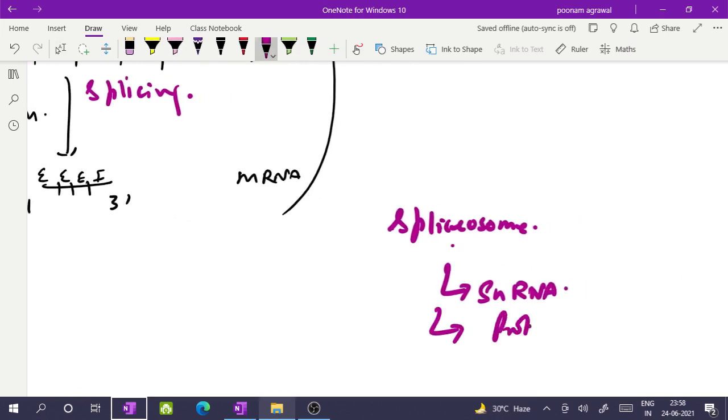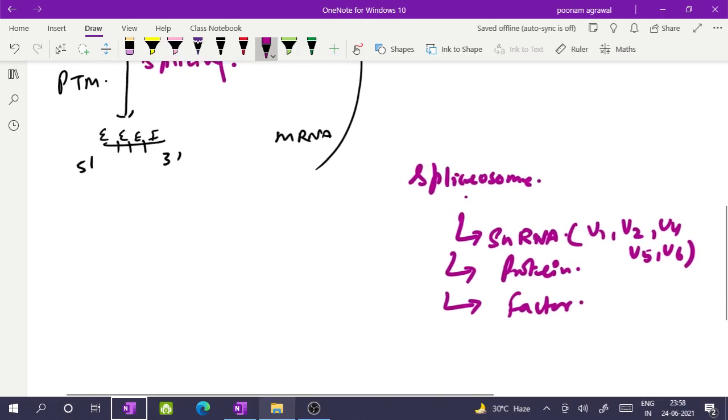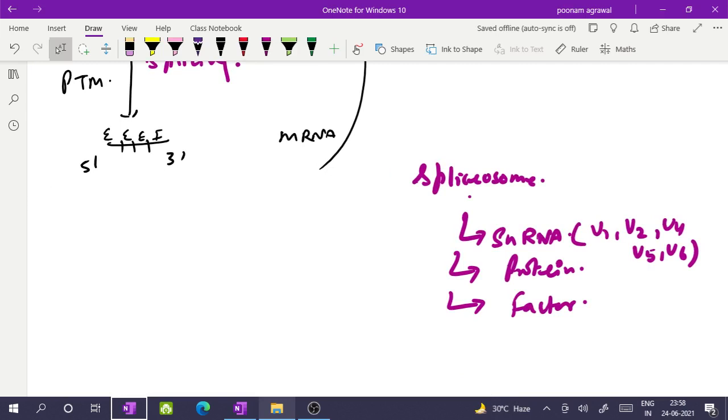They have a number of proteins and various factors making up the body of it. The small nuclear RNAs in the spliceosome are of the U1, U2, U4, U5 and U6 variety. There is no U3 or U7, and a number of proteins make up the body of the spliceosome along with various unidentified factors.